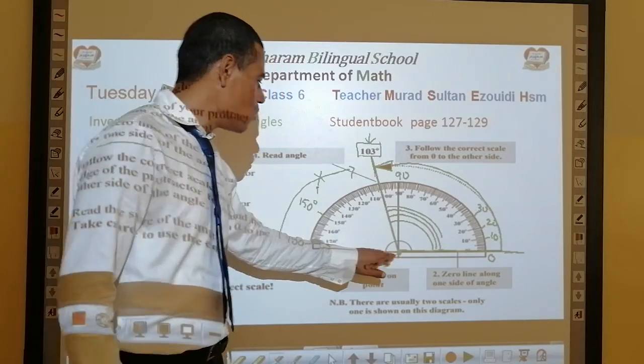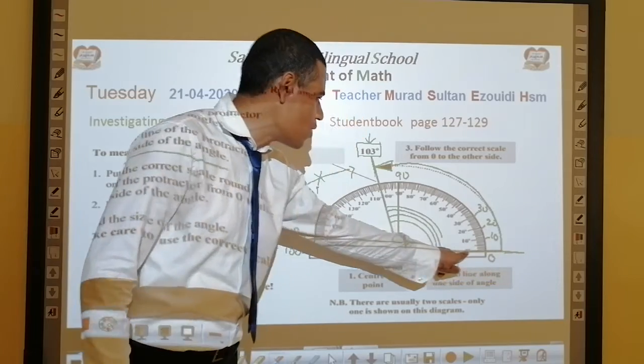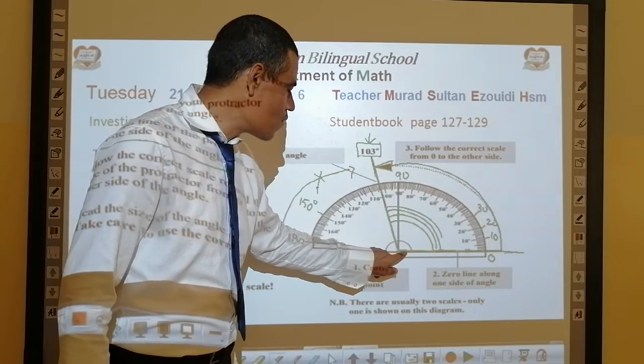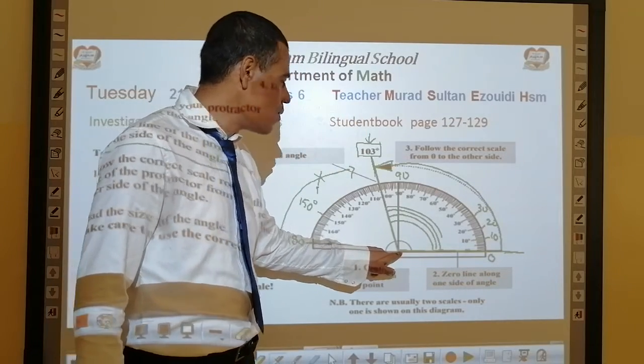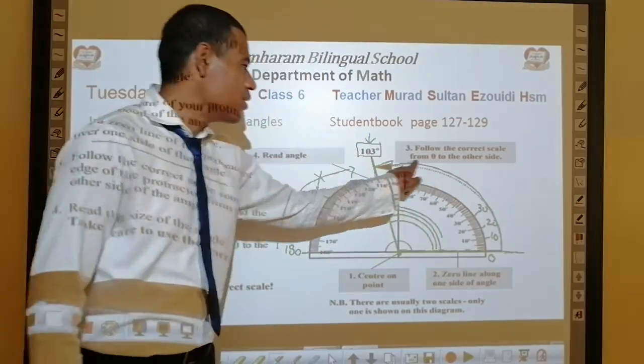You line the zero line of your protractor on one side of the angle, so we should read like that.